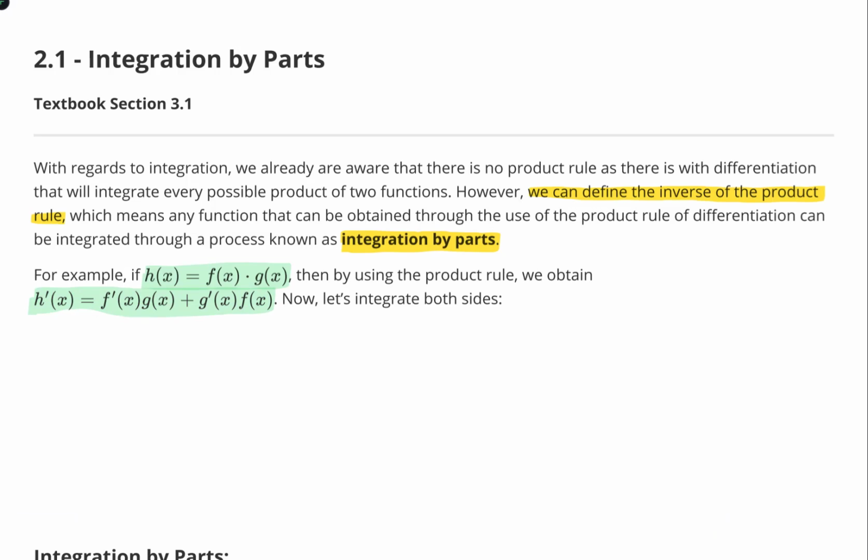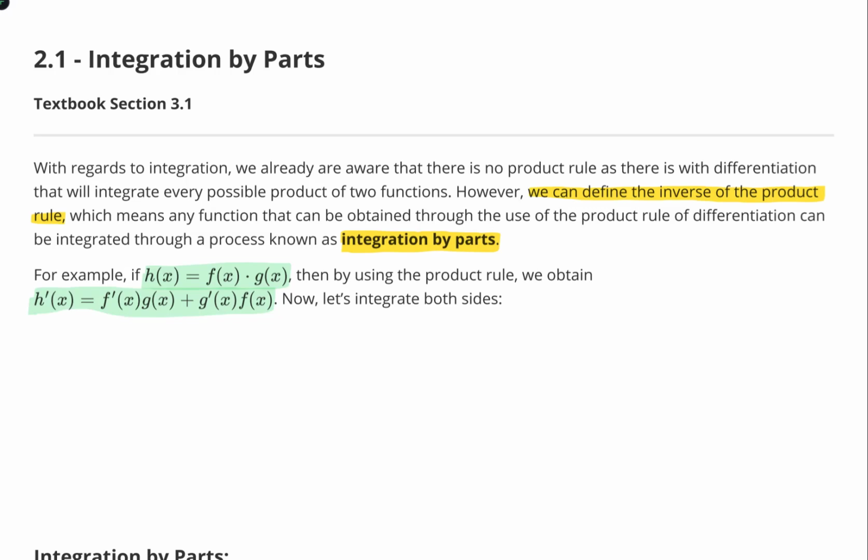So this is the derivative of the first times the second plus the derivative of the second times the first rule. All right, now if we apply integration to this, here's what we could come up with.